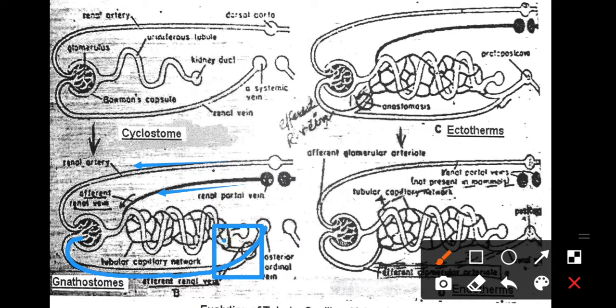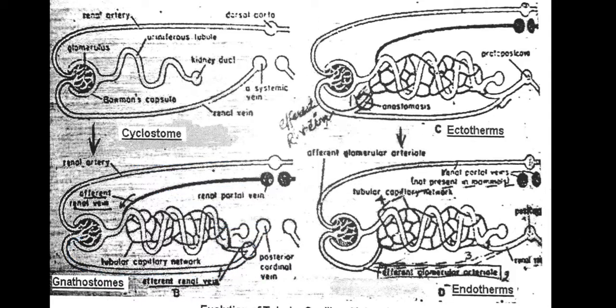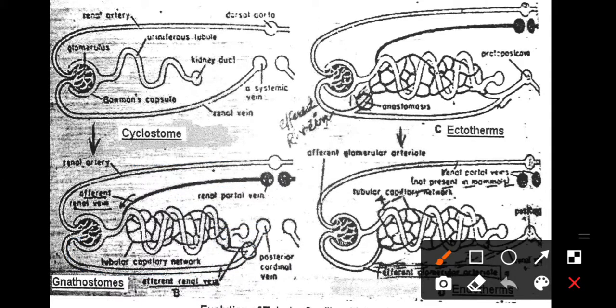This connection is draining the blood into the cardinal vein, and it gives a very significant evolutionary trend in the formation of the tubular capillary network. So the blood is coming from this side and going out from this side to the cardinal vein. That becomes a secondary kind of circulation inside this uriniferous tubule.